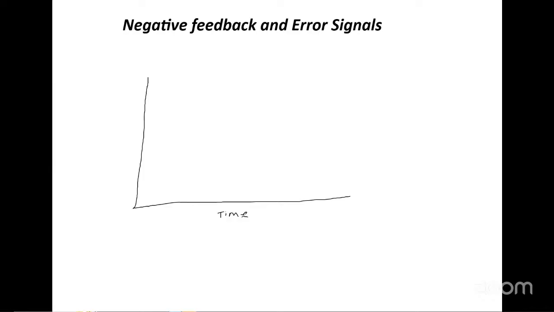We want this internal environment consistent an hour from now, a day from now, a year from now. And our regulated variable, basically the thing we're interested in, is going to be over here on our Y-axis.